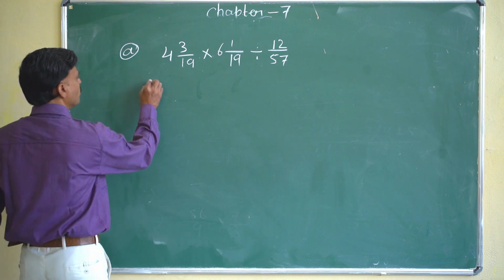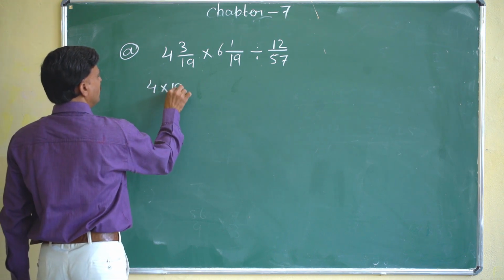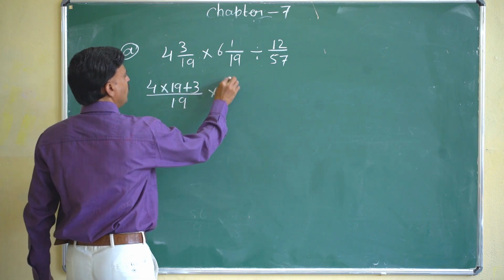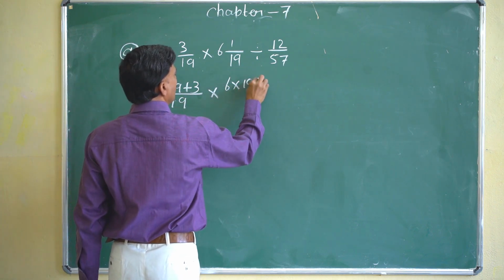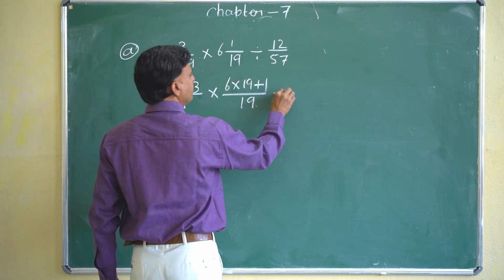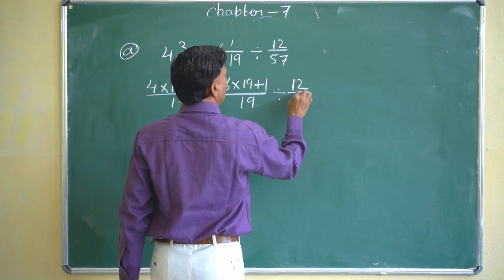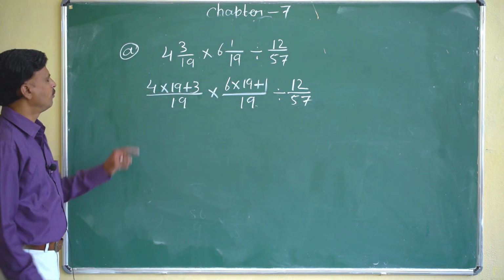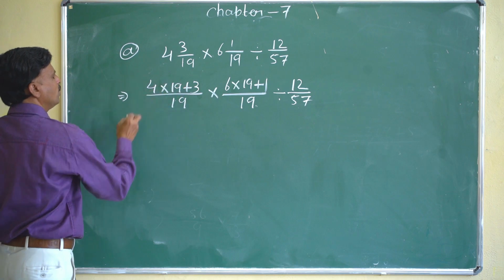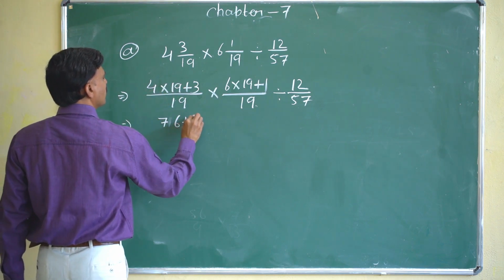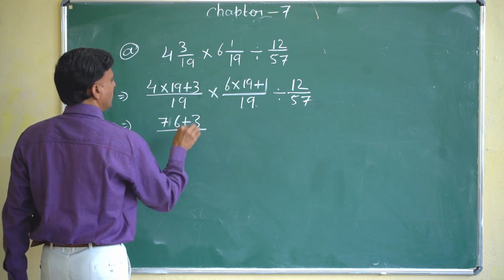So what will it come, 4 into 19 plus 3 upon 19, and this will be 6 into 19 plus 1 upon 19, and this is already a proper fraction, right? Now this 4 into 19, that will be 76 plus 3 upon 19.